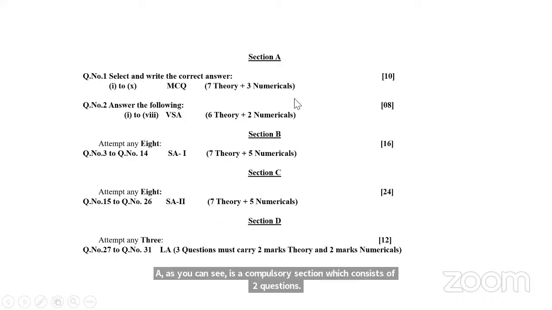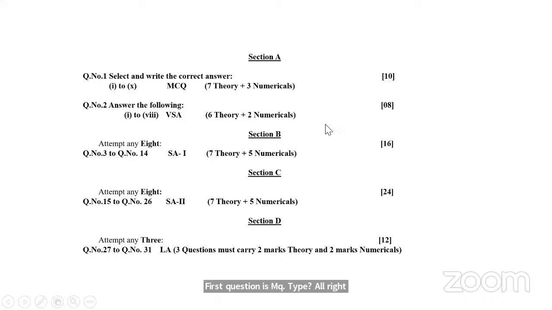The first question is MCQ type, 10 MCQs, and the second question is very short answer type, where each question is allotted 1 mark, so 8 questions for 8 marks. So section A, MCQ plus very short answer type questions, has a weightage of 10 plus 8, that is 18 marks.